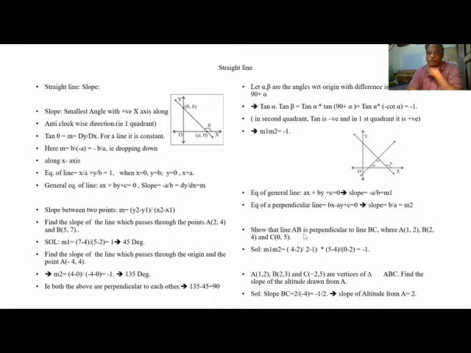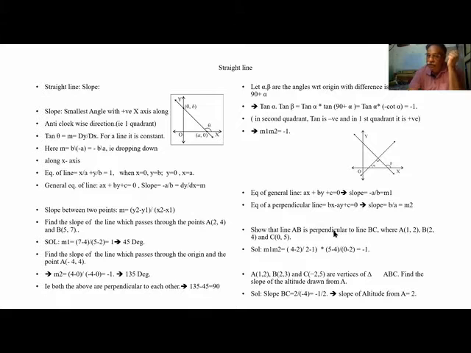Let us see this problem. Show that line AB is perpendicular to line BC. Here the points A, B, C are given. What is the slope of AB? We have 2 points here, so y2 minus y1 by x2 minus x1 is the slope. What is the slope of BC? For B and C, y2 minus y1 is 5 minus 4, that is 1, by 0 minus 2, that is minus 2. When we do the multiplication, I get minus 1.